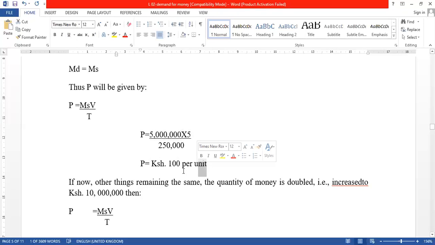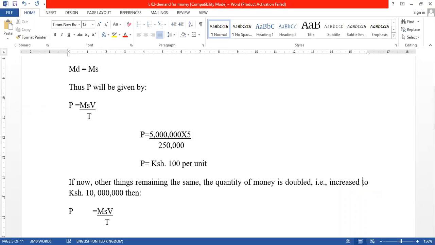Now, holding other things constant, if the quantity of money is doubled in that economy, that is, increased to 10,000, can we calculate the price? Very fast. Do that on your own. Assume other things remaining constant, the quantity of money has been doubled.